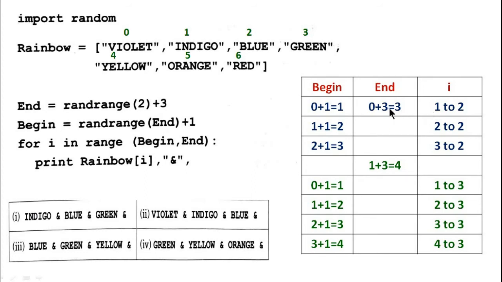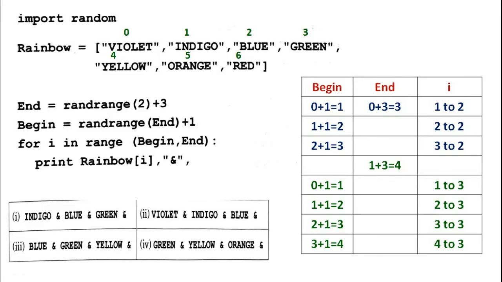And one more possible value for randrange of 2 is 1. So when it returns 1, the variable end gets the value 1 plus 3 equal to 4. So 3 and 4 are the possible values for end. So the minimum value of this variable end is 3 and the maximum value is 4.